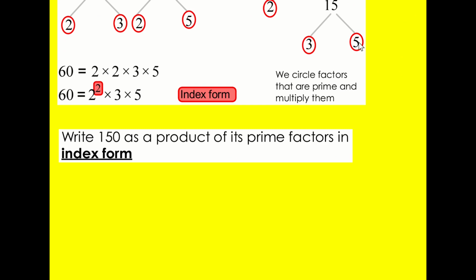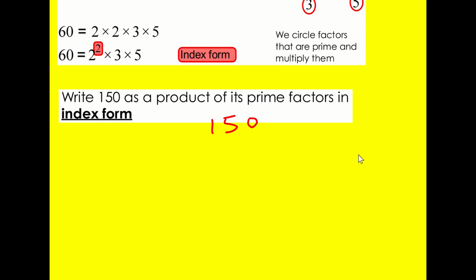All right, well, if you're feeling confident, I'd like you to try and write 150 as a product of its prime factors in index form. Go for it. By the way, sometimes I see people have different techniques for this. I'm going to teach it this way. I'm not going to talk about any other ones, as long as you've got a method that works. Right, 150. I think a good shout is to get the 10 sorted, because 10's quite nice to sort out. We just get the 2 and the 5. We could have started with 2 and 75.